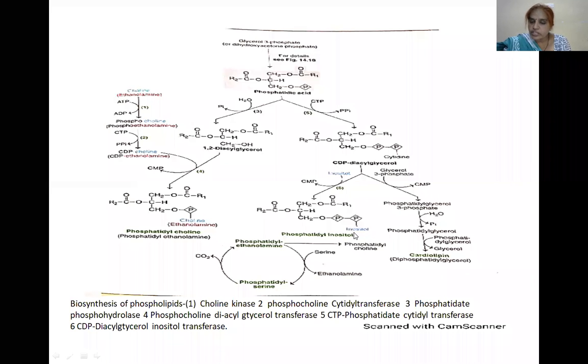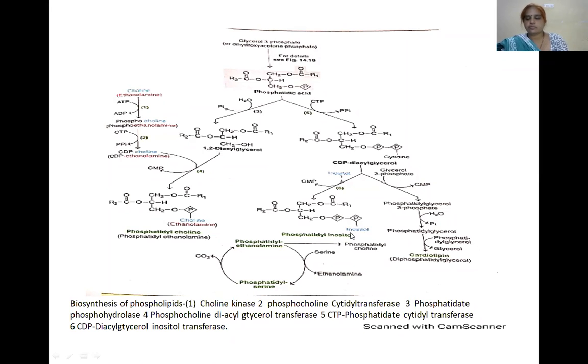This arachidonic acid is involved in the formation of prostaglandins.